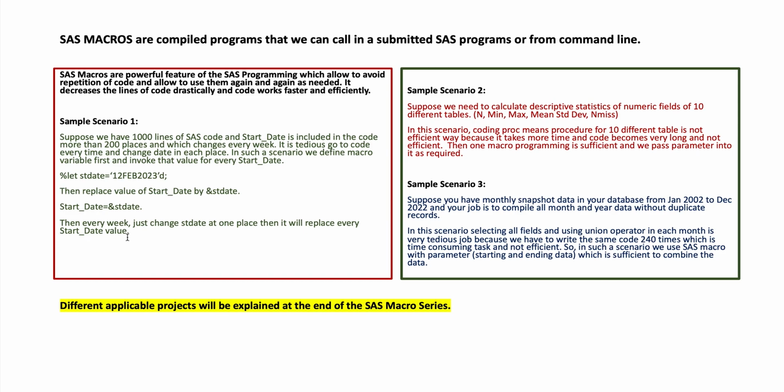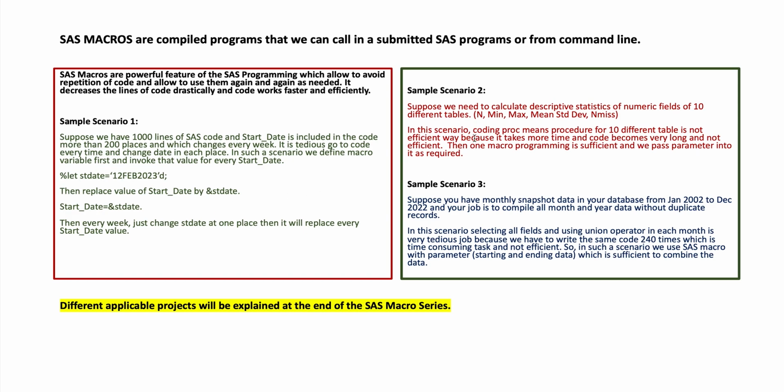Then every week we just change the stdate in one place, and it will replace every start_date value. In place of 12 Feb 2023, we can change the value as required and run the code. Then it will change the value of start_date everywhere. This is the first scenario.